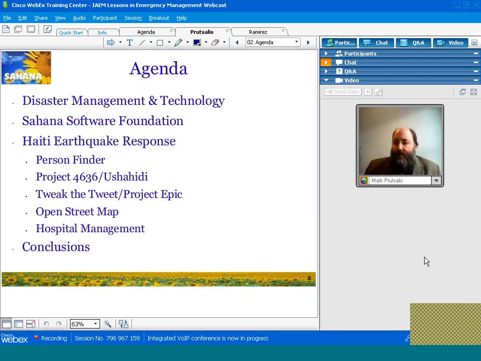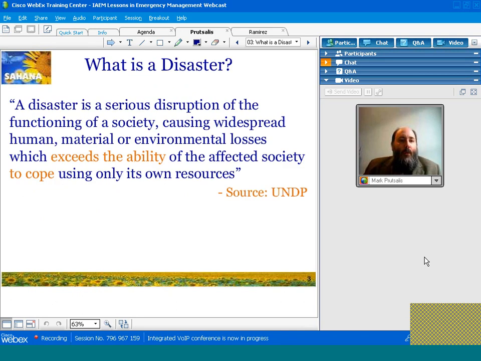To begin, what is a disaster? Very simply, beginning with a simple but important definition that the UN uses, which emphasizes that a disaster is an event that exceeds the ability of the affected society to cope using its own resources.